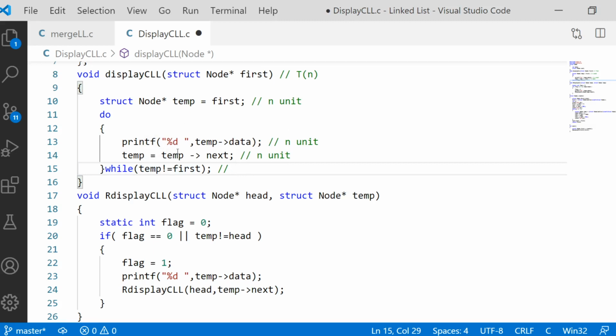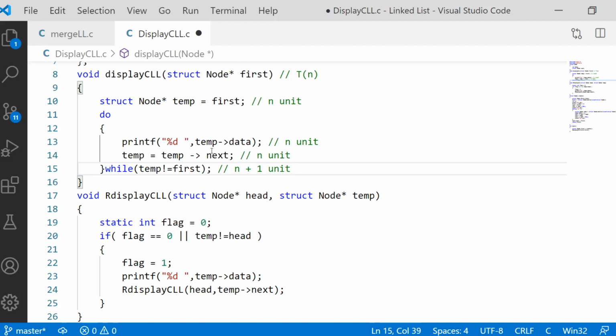Again coming back to the first node it will check, but the condition becomes false, but it will check. So n times for successful comparison, and one time for the false condition, when both temp and first become equal, and then the resultant answer will be false. So the condition will be checked for n plus 1 unit of time.